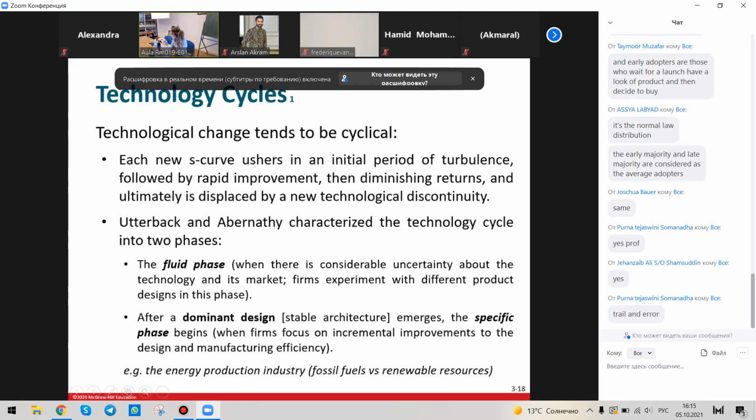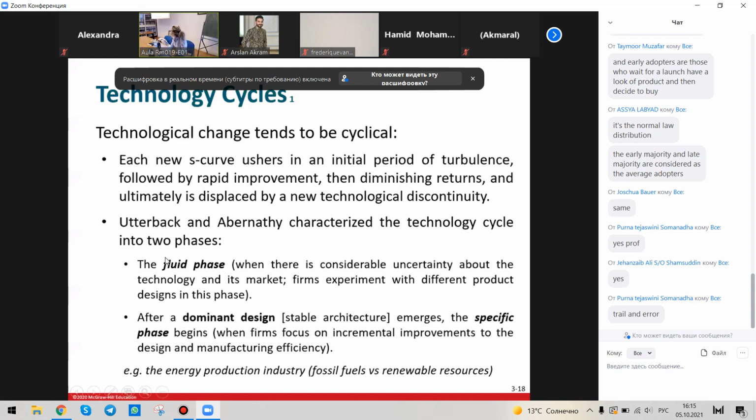Here is, for example, the energy market, in which we have the traditional producers, that means fossil fuel companies, that operate within a specific phase in which we have a dominant standard and a stable architecture. So they operate pursuing incremental innovation.